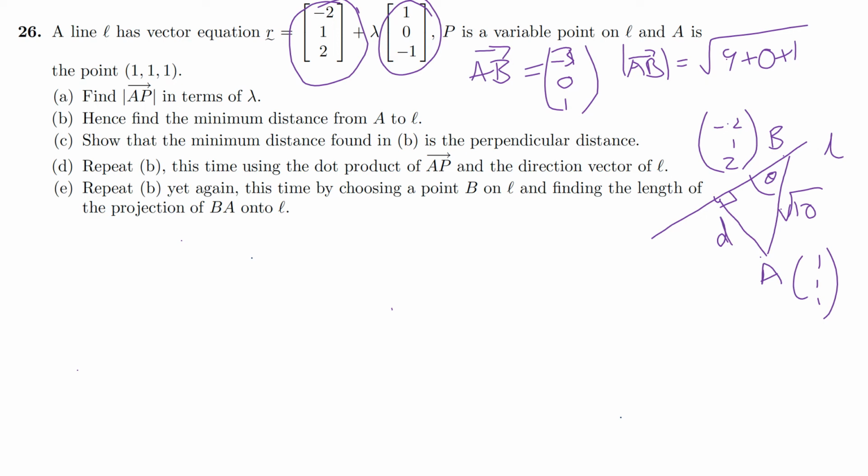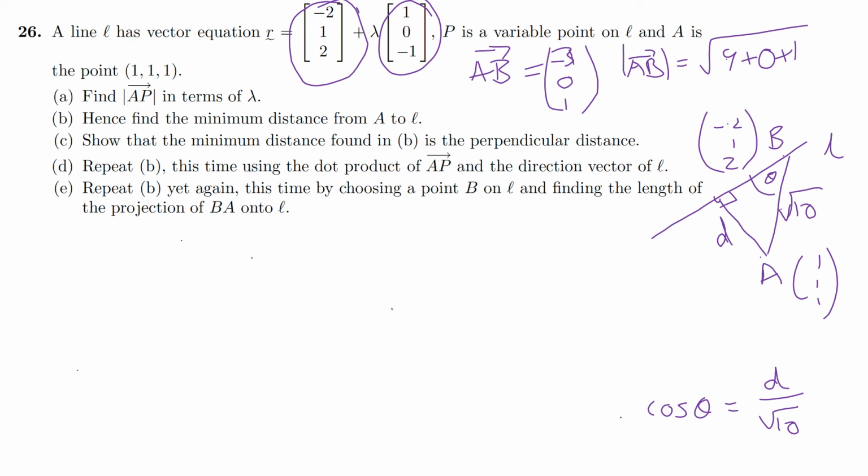We also want to find that angle, because once we've found that angle, we can use cos theta. Cos theta would be the adjacent over the hypotenuse, the hypotenuse being root 10. We also know cos theta using our formula booklet: u dot v equals the length of u times the length of v times cos theta.